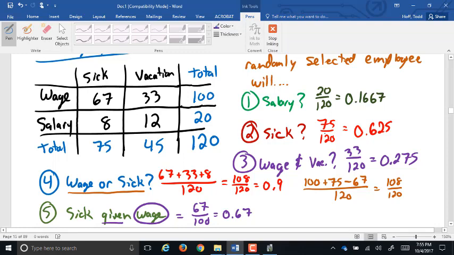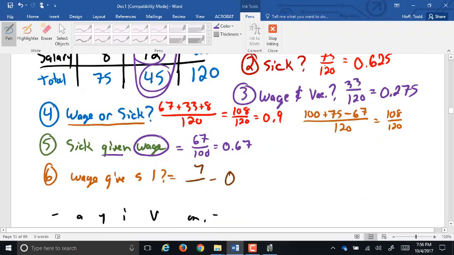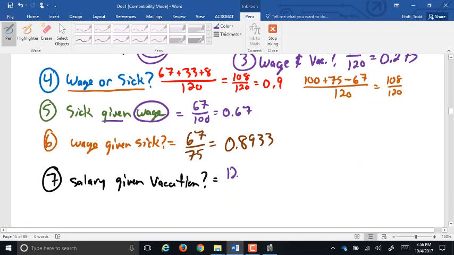So the first question is, does that mean we're narrowing it down to the salary or are we narrowing it down to the vacation? We're narrowing it down to the vacation. We know they use their time for vacation. So then the salary would be 12 out of 45. Yeah, 0.2667.